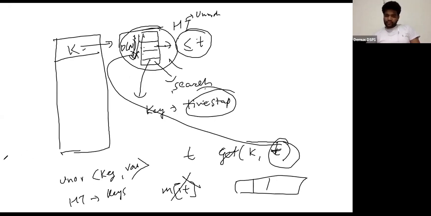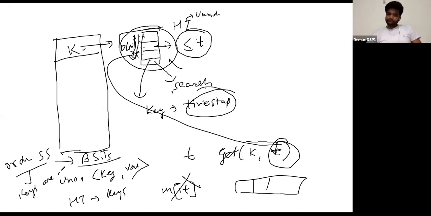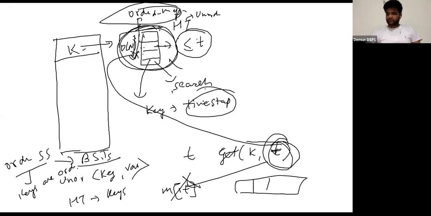But we will look at ordered search structures today, which are implemented using binary search trees, wherein the keys are ordered. If the keys are ordered, then searching for this kind of property becomes efficient. So you can keep a map, but you will have to keep an ordered map. For people who know ordered maps, fine. If you don't know, don't worry, we will come back to this question when we talk about ordered maps.